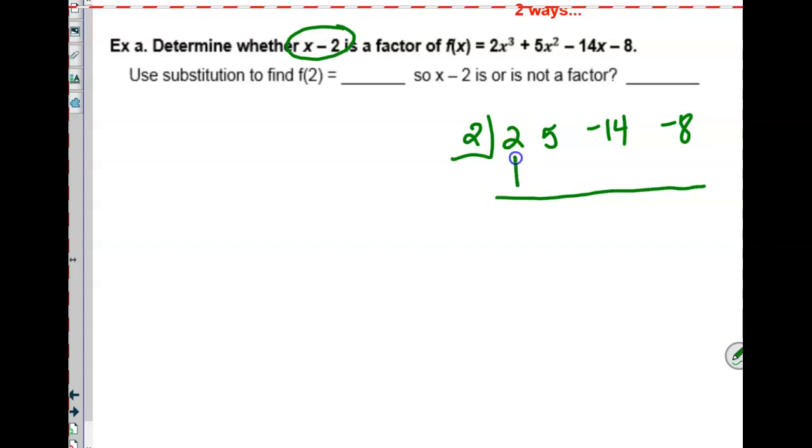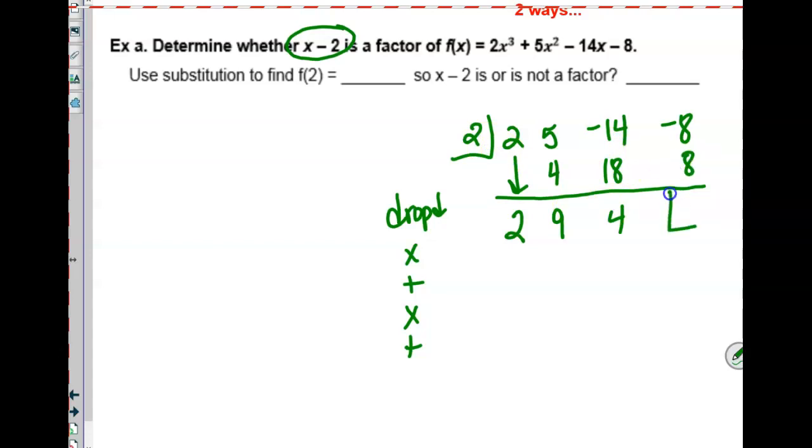First one drops down, and then we multiply, add, all the way across. So 2 times 2 is 4, 5 plus 4 is 9, 2 times 9 is 18, negative 14 plus 18 is 4, 2 times 4 is 8, we add and get 0, so is x minus 2 a factor or not? Yes, it's a factor. And why? The remainder equals 0 would be one reason.